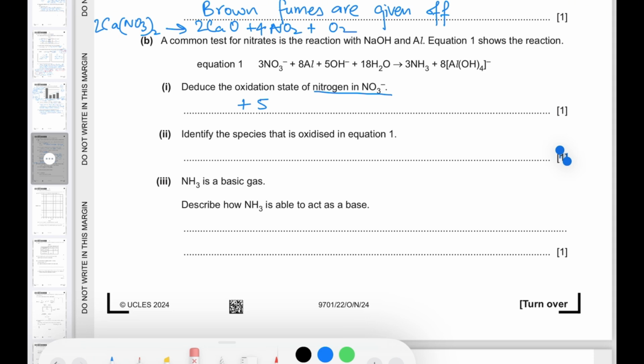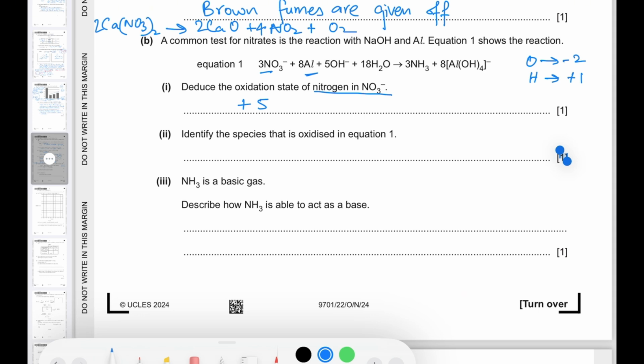In here, that would be oxygen and hydrogen. Oxygen will always have the oxidation state of -2, and hydrogen will always have the oxidation state of +1 in a compound. That leaves you with nitrogen and aluminium being the elements that will change their oxidation states.